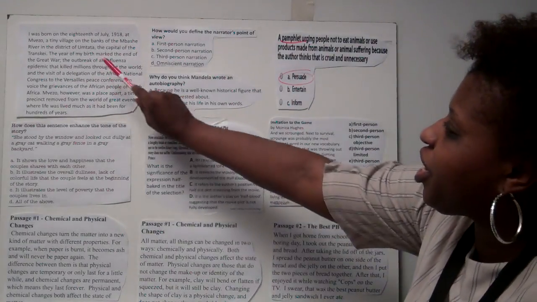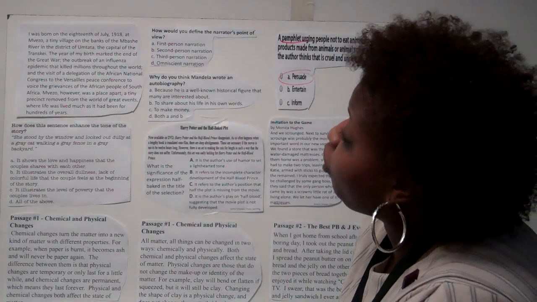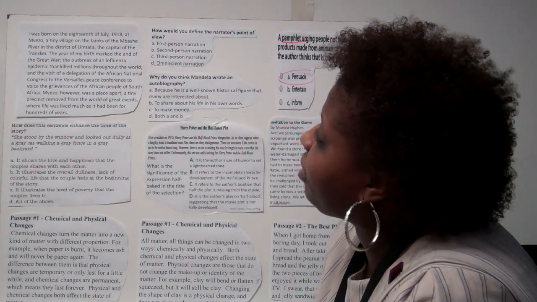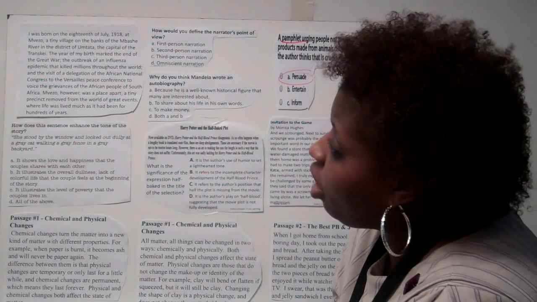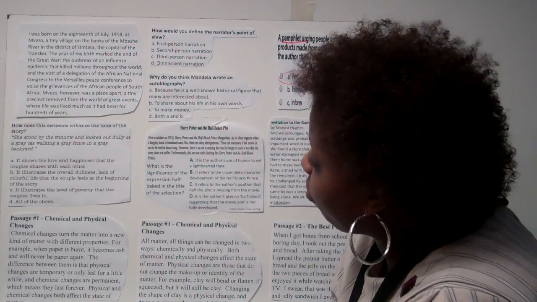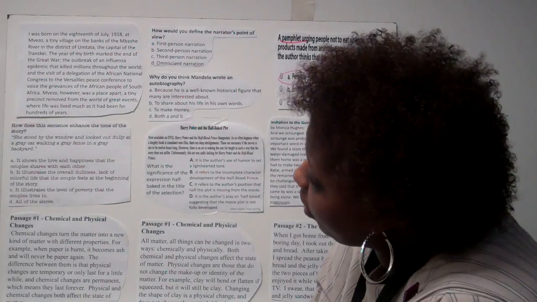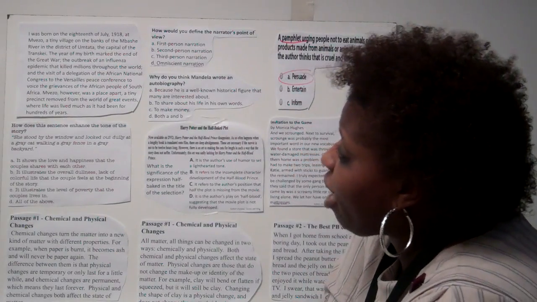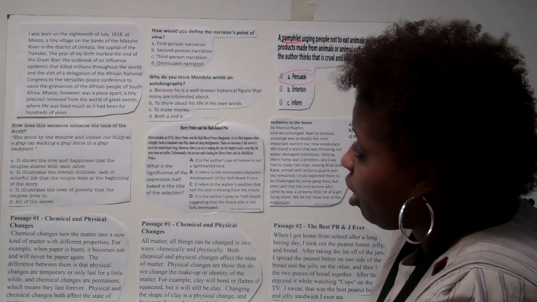All right, let's look here. It says, I was born on the 18th of July, 1918 in Mavizo, a tiny village on the banks of the Magbashi River in the district of Yamatata, the capital of Transiki. The year of my birth marked the end of the Great War, the outbreak of an influenza epidemic that killed millions throughout the world, and the visit of a delegation of the African National Congress to the Versailles Peace Conference to voice the grievances of the African people of South Africa.